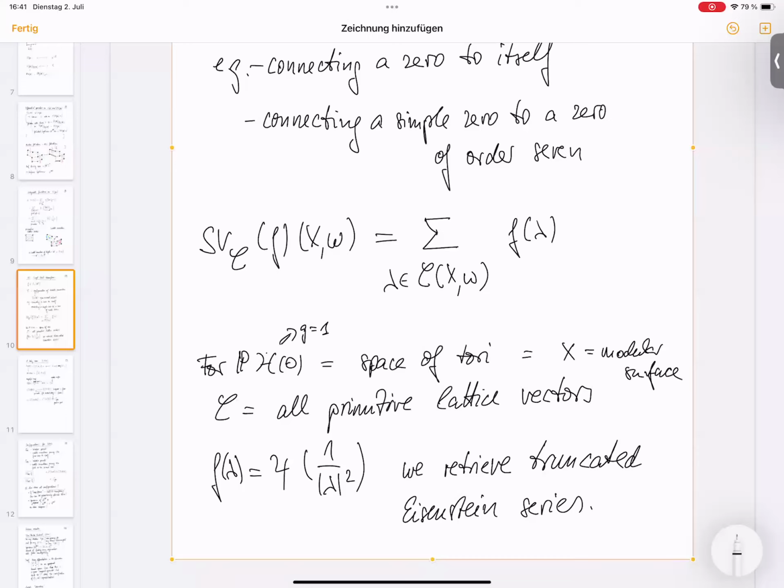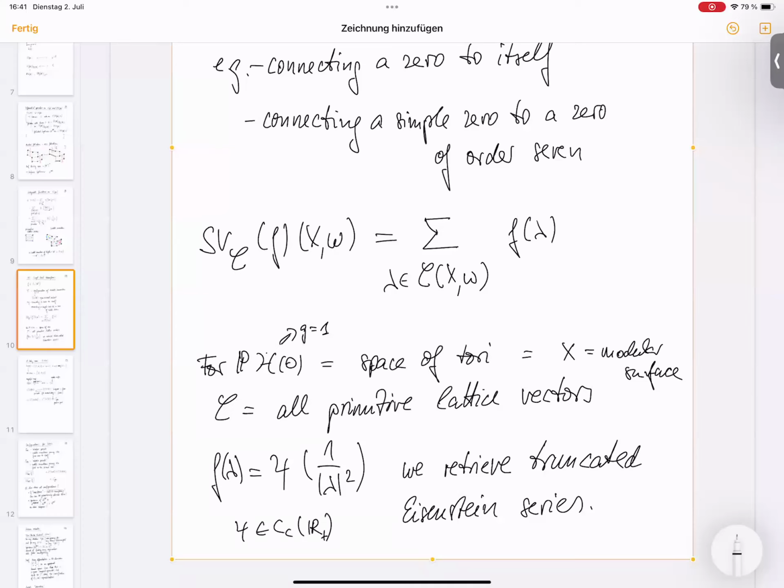And this is somehow the baby case. This is really a case that is well studied. And we take the case of all primitive lattice vectors as our configuration. And we take the function f, which is, up to rescaling, just the function f equals psi of 1 over norm of lambda squared, for psi a compactly supported function on the positive reals, as always.